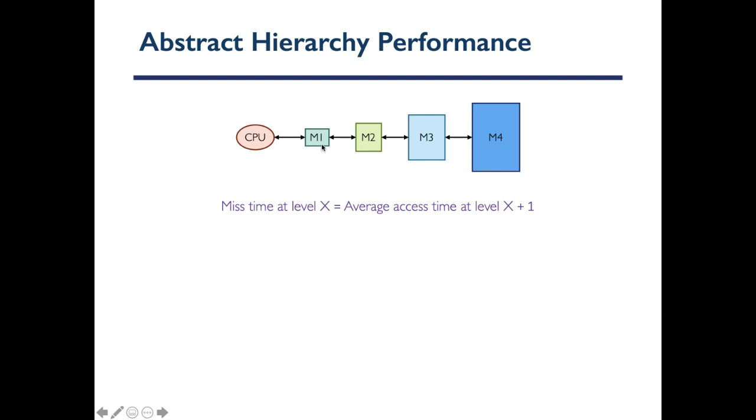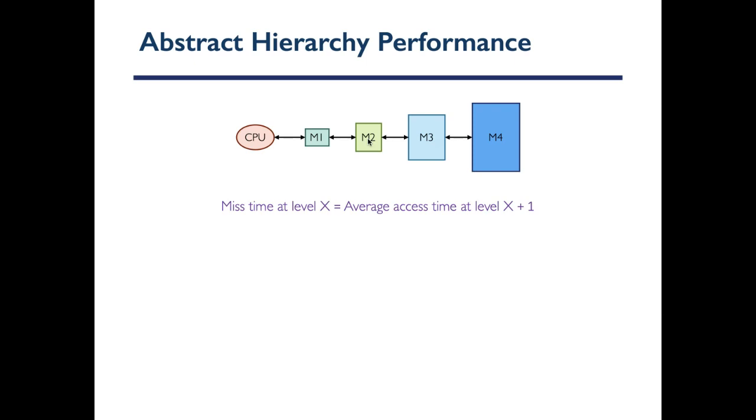The miss time in M1 is basically the average access time in M2. So this is the rule of thumb: miss time at level X equals average access time at level X plus 1, which makes sense. If you miss in M1, you have to go and grab it in M2. What is the time that it takes to grab data from M2? That would be the average access time of M2.